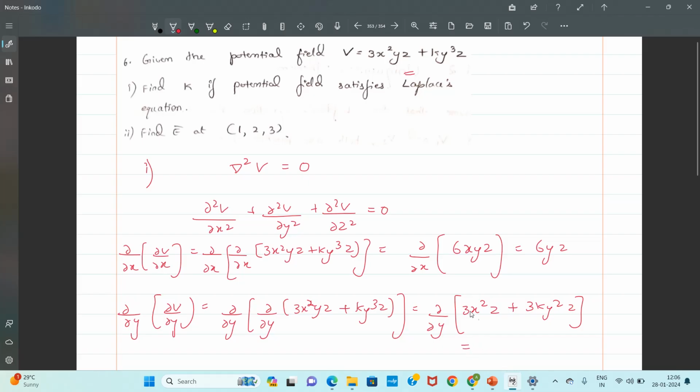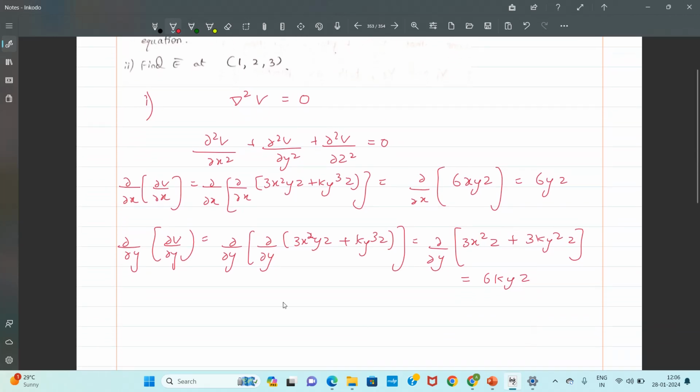And again, if you differentiate, the first term becomes 0, and the second term will become 6kyz. Now the last term, dou by dou z of dou V by dou z, where V is 3x square yz plus ky cube z.